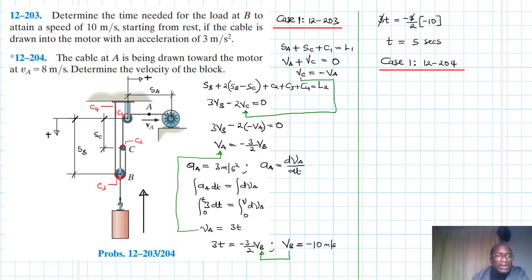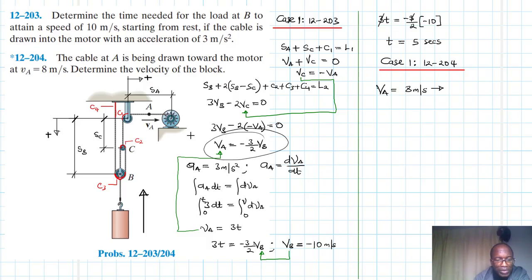So V_A itself is equal to 8 meters per second, and it's going in this direction, therefore it is positive, considering our convention.